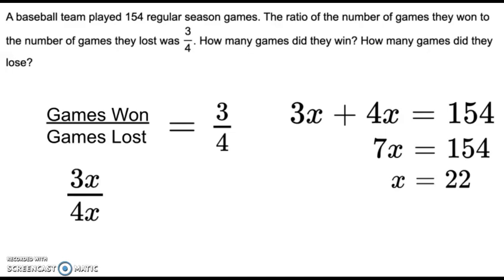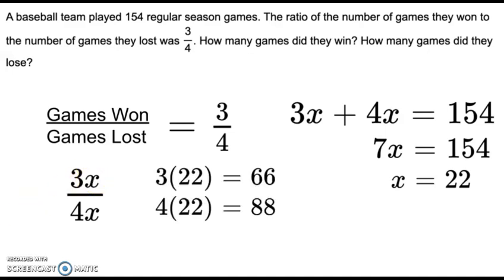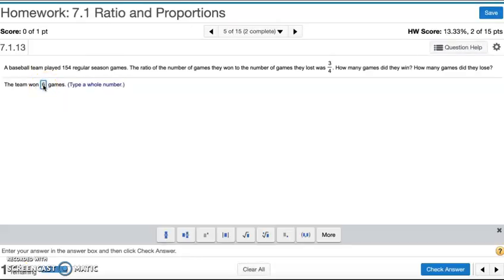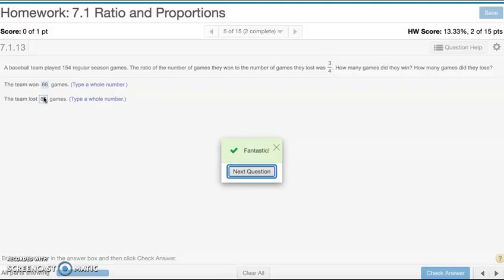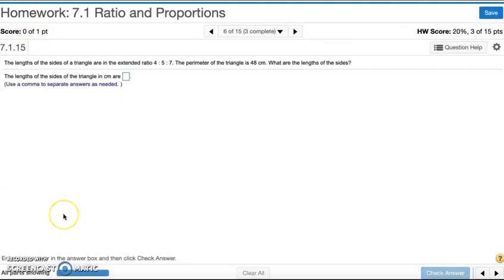Now we got to substitute in for x. For games won, 3 times 22 is 66. For games lost, 4 times 22 equals 88. So you won 66 games and lost 88 games. So let's type that in. Team won 66, and the team lost 88. That's number 5.